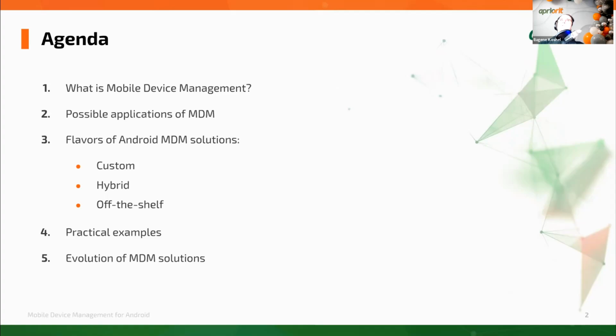I will discuss three different approaches that lead to basically the same outcome, but are very different in their development and implementation. Then we'll discuss some practical examples that will help you understand how to make decisions regarding MDM and how to integrate it into your company's workflow. And after that, we will discuss how you can expand your MDM solution going into the future.